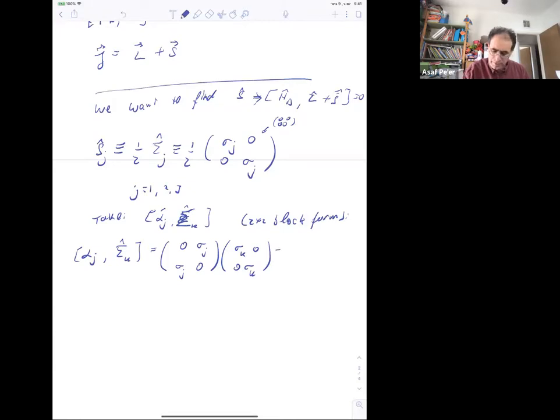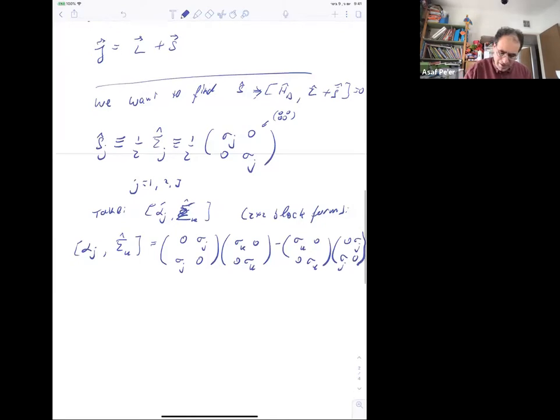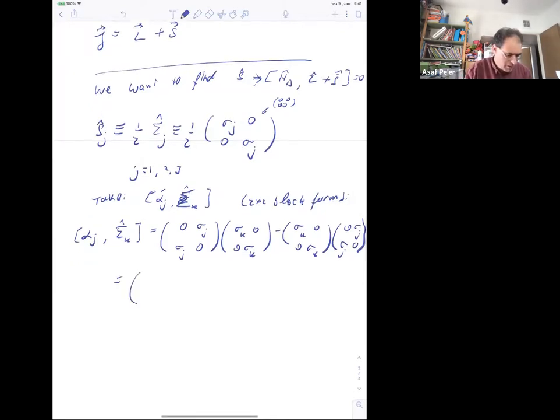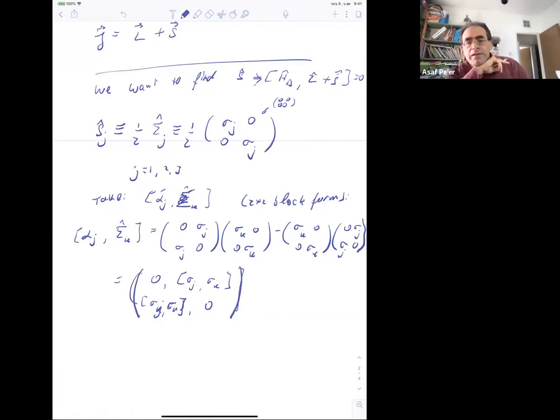That's the commutator. So this is just the commutator here, which gives 0, sigma_j sigma_k, sigma_j sigma_k, 0. Nothing special here. I just used the definitions.